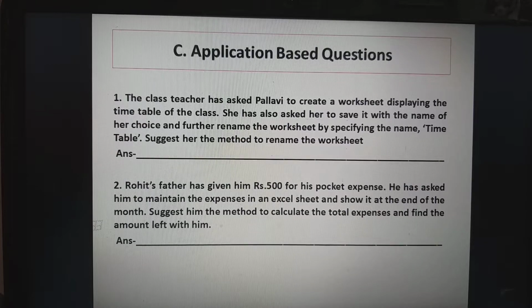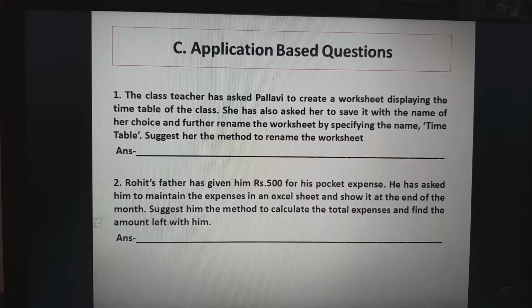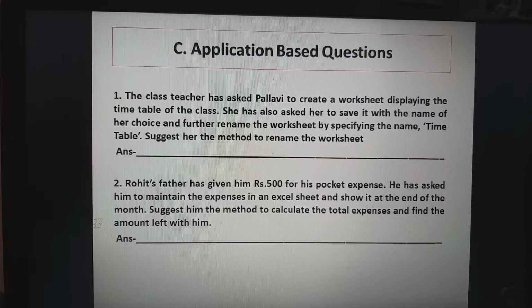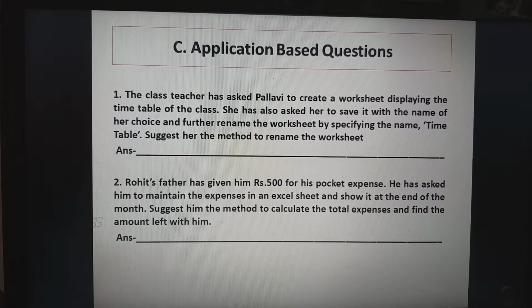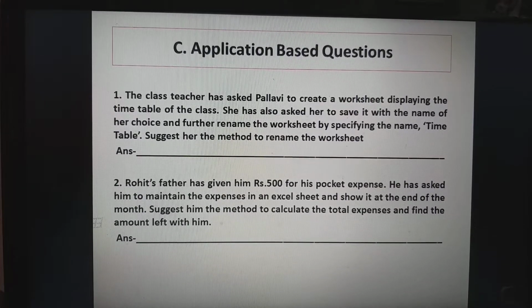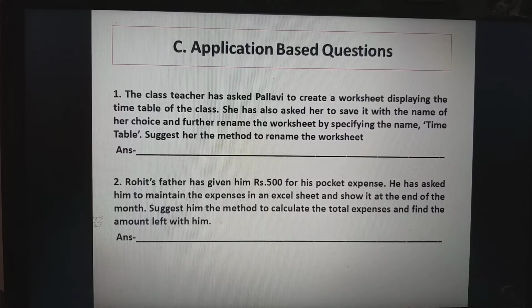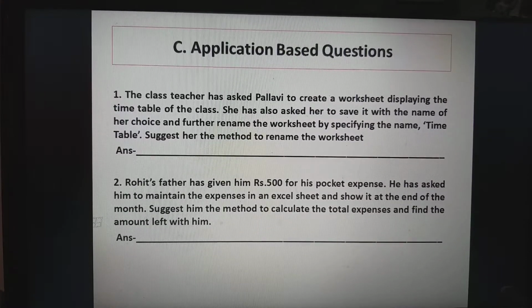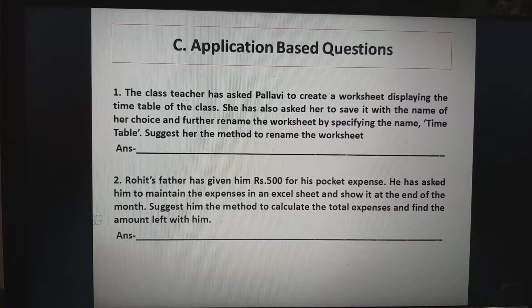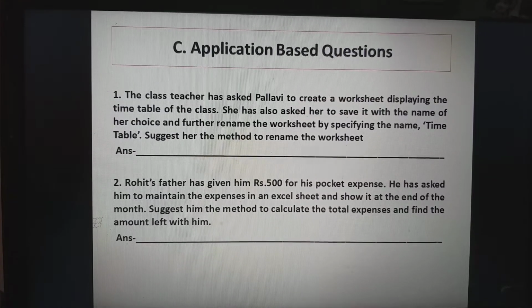Now see number 2. Rohit's father has given him rupees 500 for his pocket expense. He has asked him to maintain the expenses in an Excel sheet and show it at the end of the month. Suggest him the method to calculate the total expenses and find the amount left with him.